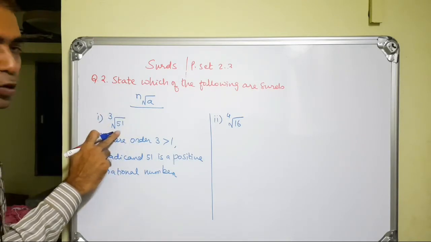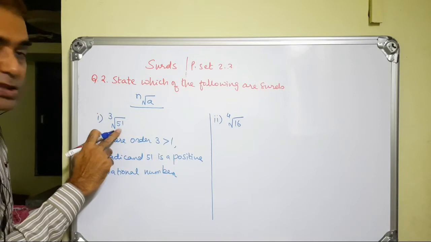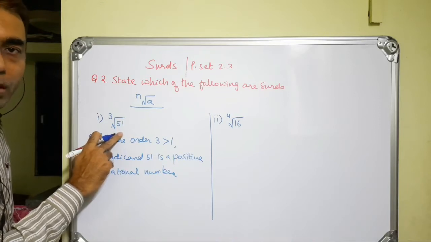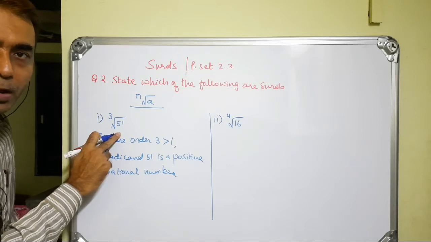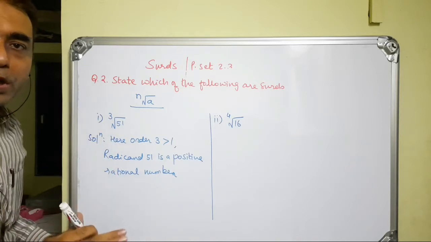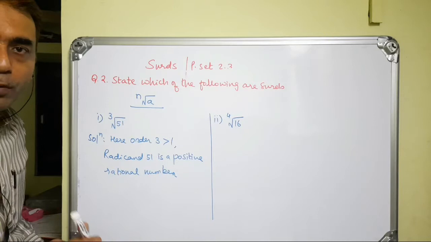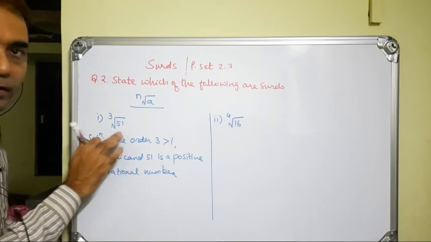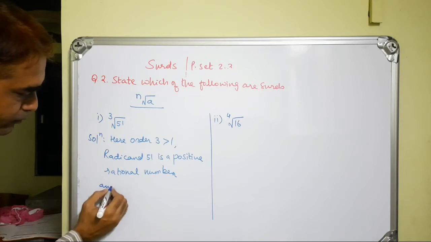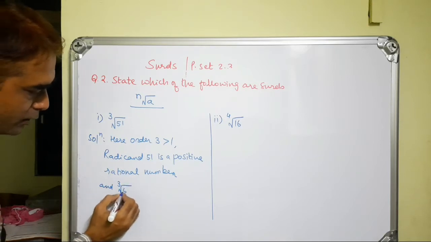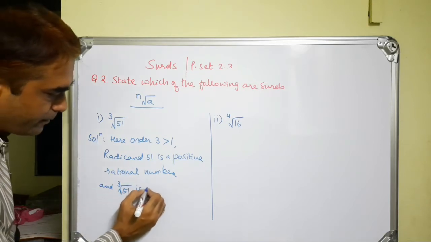Now cube root of 51, is 51 the cube of any number? Is 51 the cube of any positive number? No. Cube of 3 is 27, cube of 4 is 64. So 51 is not the cube of any number, and cube root of 51 is irrational.